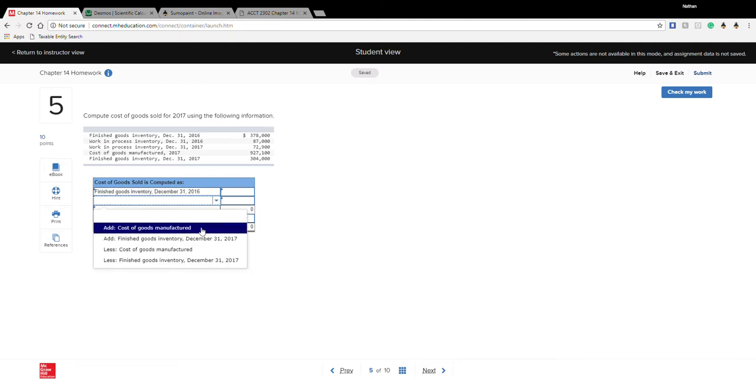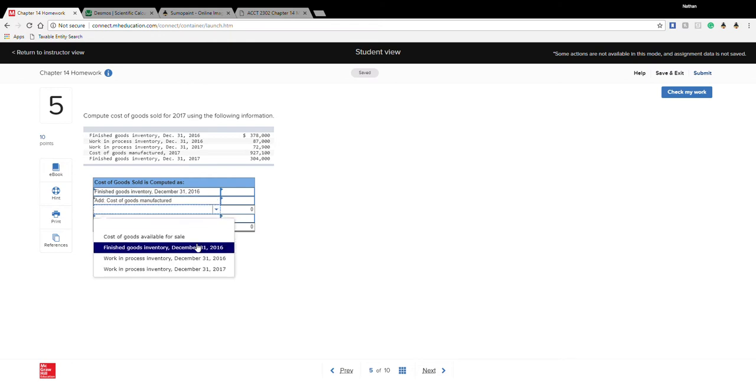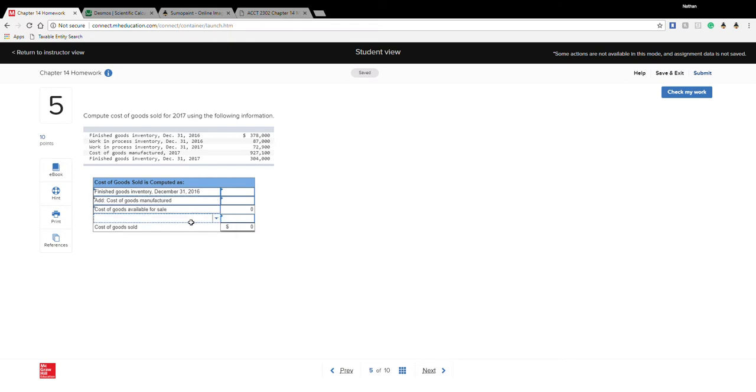Again, we know we add cost of goods manufactured. This is our cost of goods available for sale. And then we subtract out the ending. Cool. So, put in our numbers. Finished goods inventory was 378,123.